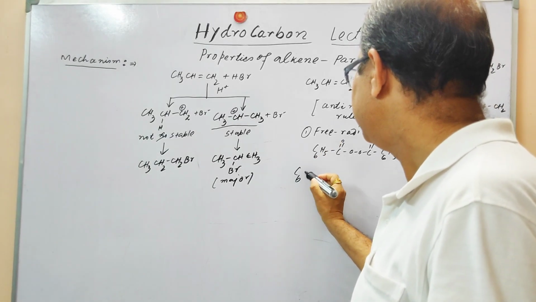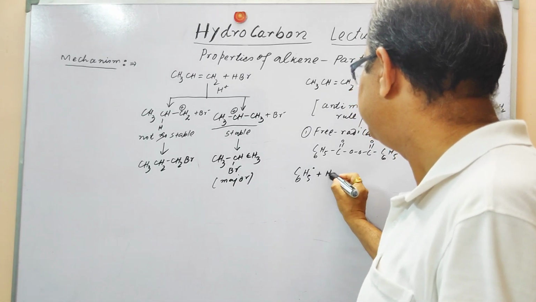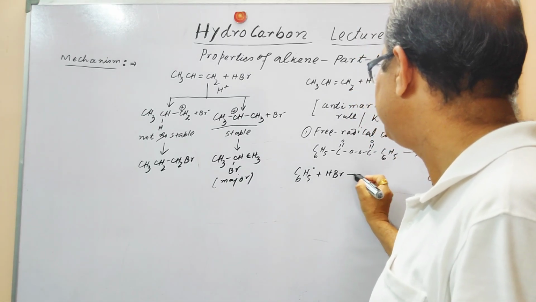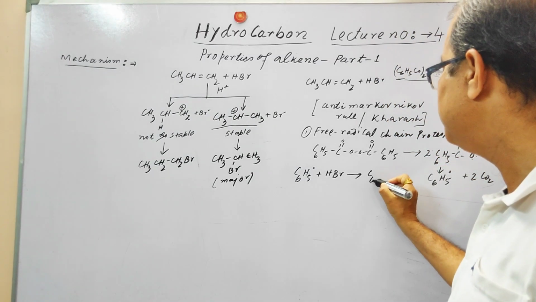This free radical, C6H5, the phenyl free radical, is going to break the bond of the HBr and produce the bromine free radical.